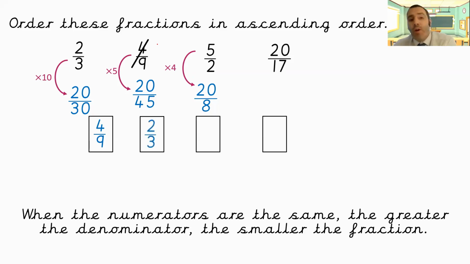The next one is 2/3. Cross it through again. Then 20/17. 17 is greater than 8, but when we use the rule that's at the bottom of the screen, it's got less value. It's a smaller fraction. And then we finally have our 5/2 on top. And we'll cross that through as well.